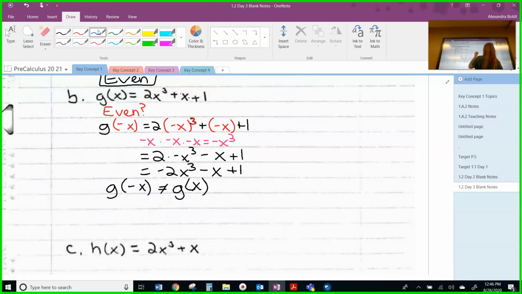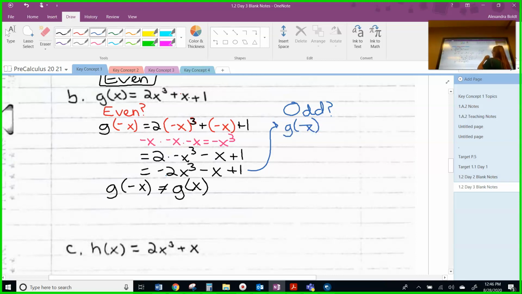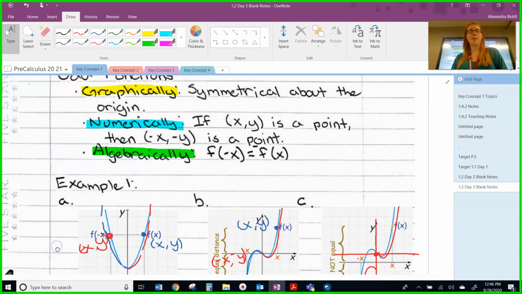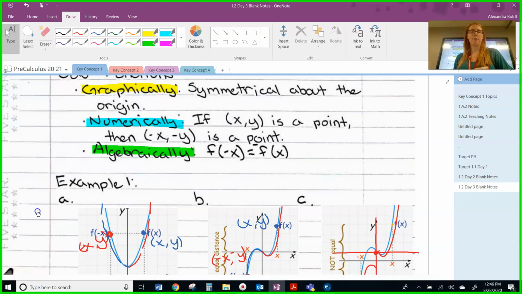So now I want to check, is it odd? So I'm going to take this, and I'm just going to start right there. So right now we have g of negative x equals negative 2x cubed minus x plus 1. Okay? To check if it's odd, if we look back up here, we have that f of negative x equals a negative f of x.